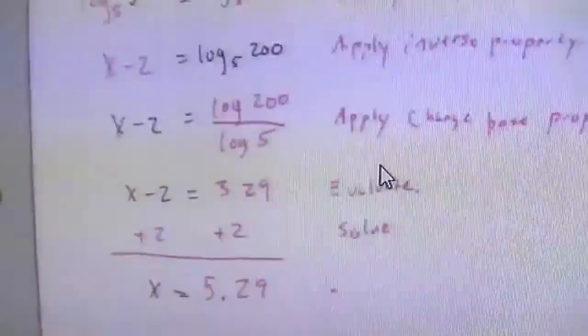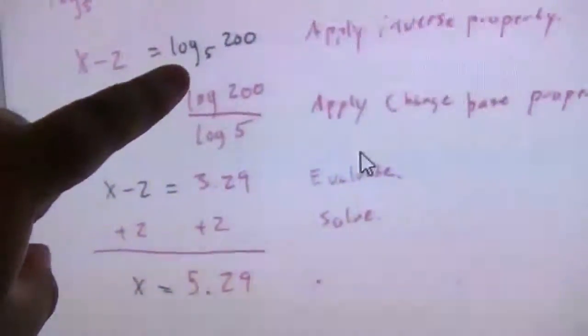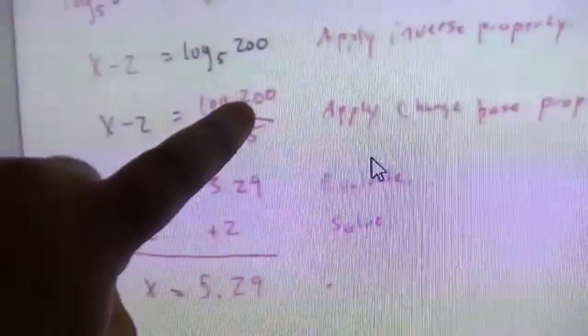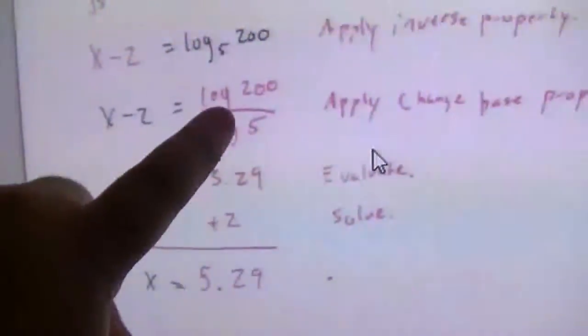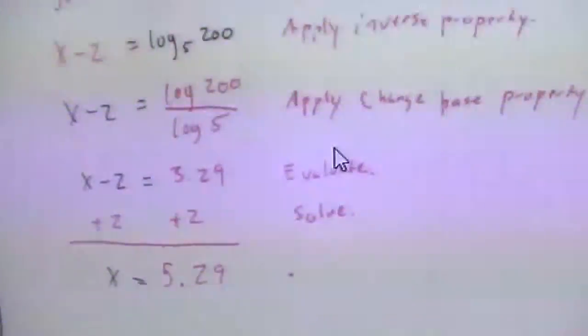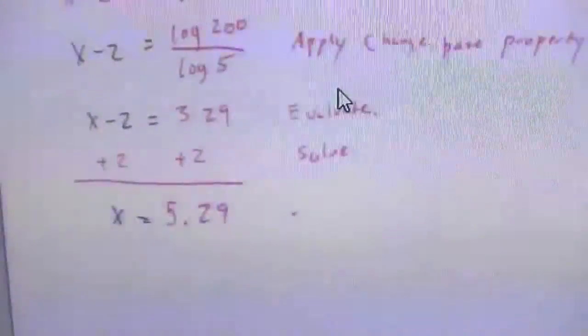And as you can see on the next step, they changed the base and made this into base 10. So the 200 is in the numerator and the 5 is the denominator, and we get the log of both, which gives us the common base of 10. And you can do that in the calculator. You're left with x minus 2 is equal to 3.29.